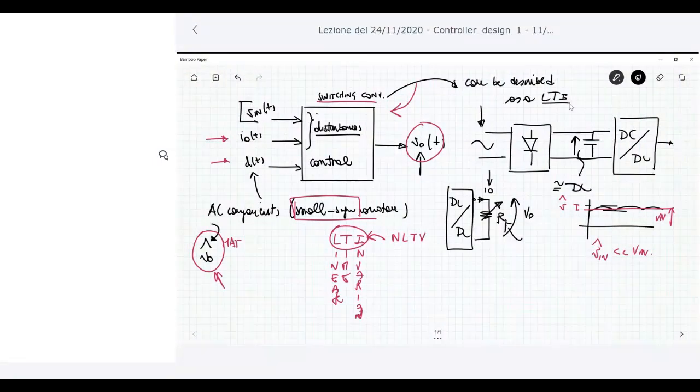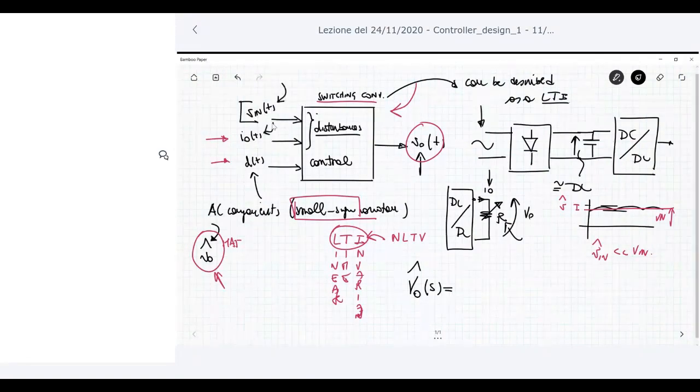For example, the Laplace. And in terms of Laplace, we can say that v0 of Laplace variable s, the small signal variation of the output voltage, can be described in terms of the contribution of each of these sources.